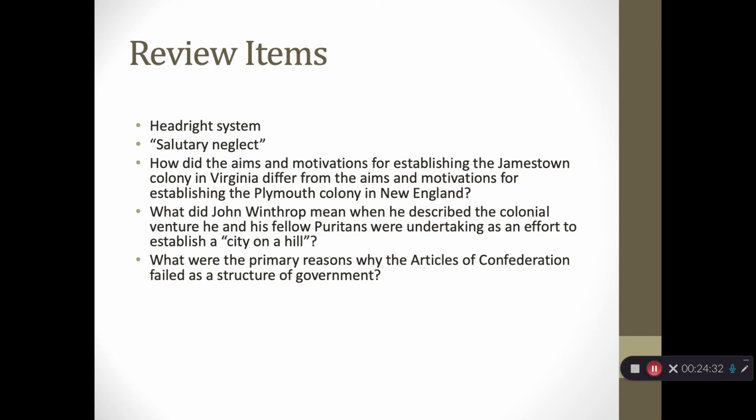And this attempted armed overthrow of the state government by Daniel Shays and his supporters set off a quick counterreaction among wealthy property owners in Massachusetts. The response to Shays' rebellion demonstrated just how weak the national government under the Articles of Confederation was.